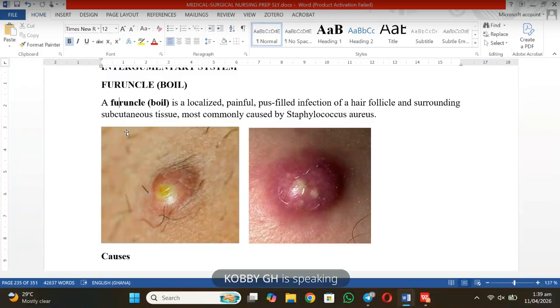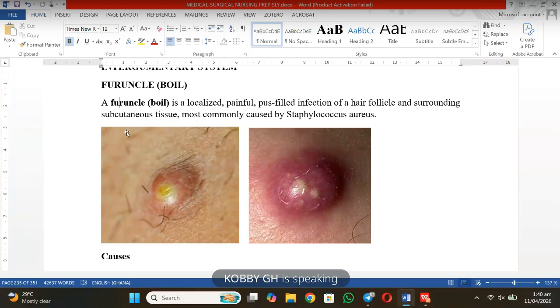So, like I mentioned, we'll quickly go through all the integumentary system conditions. Usually the integumentary system happens to be one of the areas that a lot of students would not pay attention to, but it can turn out that you go and they are asking you so many questions on those areas.